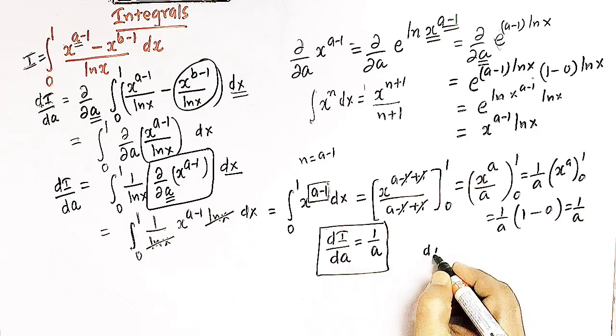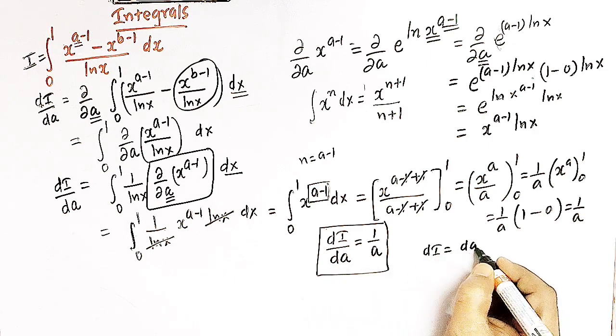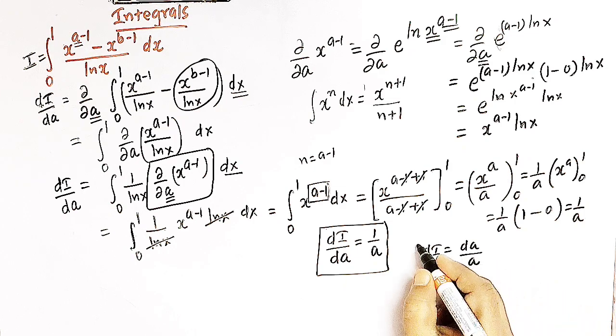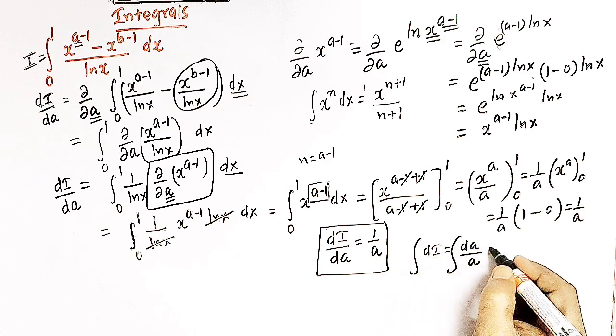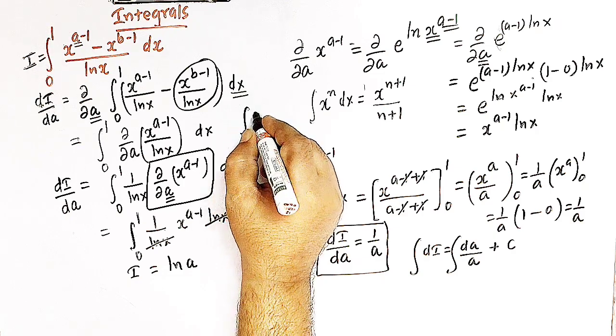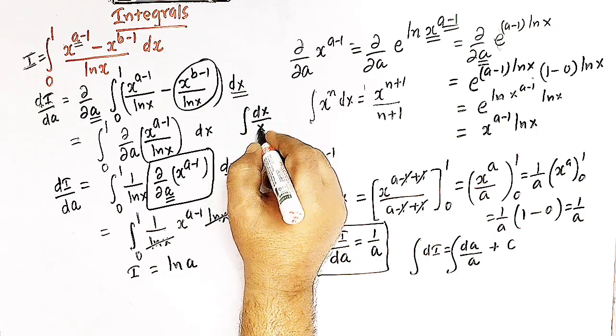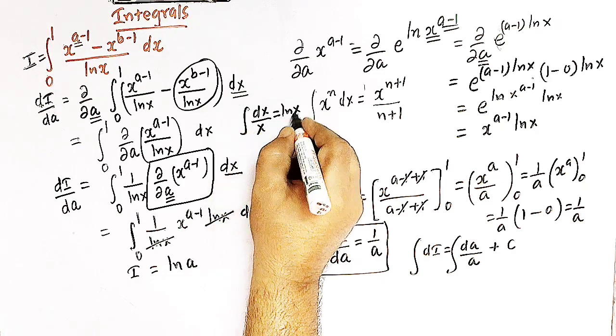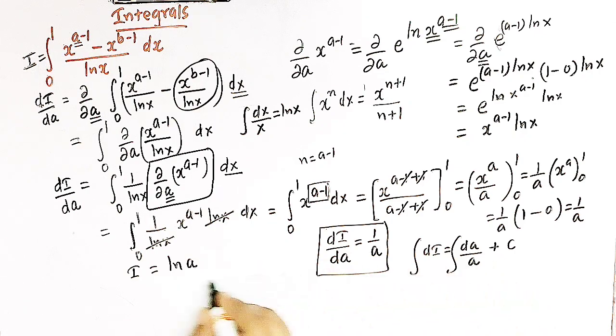So we can now write dI is equal to da over a, and now integrating both sides, and c is the constant of integration. So here we have simply I, and here the integral of da over a is natural log of a, because we know that the integral of dx over x is natural log of x. And here c is the constant of integration.